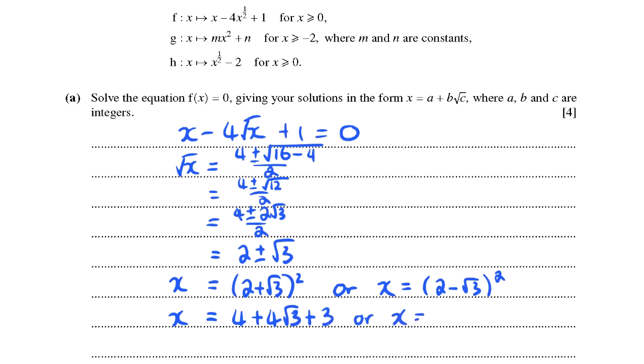Or x is going to equal, again, 4 minus 2ab, 2 2s are 4, root 3, and negative times a negative is positive, and root times a root is just the value. There's our answer. X is equal to 7 plus 4 root 3, or X is going to equal 7 minus 4 root 3.